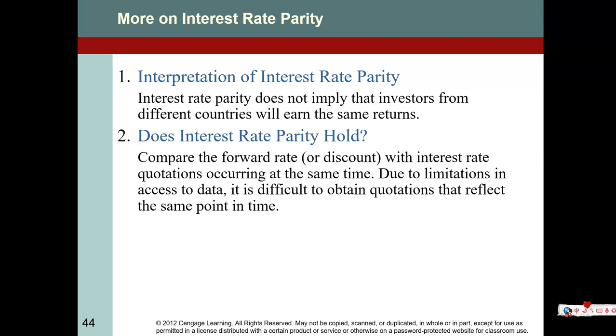So even though you have a higher interest rate investing in the UK, because of your exchanging back and forth, you're not going to earn as much, because of the different spot and forward rate, because of the forward rate premium. Okay, so in the case of interest rate parity, we're just saying that as a US investor, it makes no difference to you whether you invest domestically in the US or in the UK.